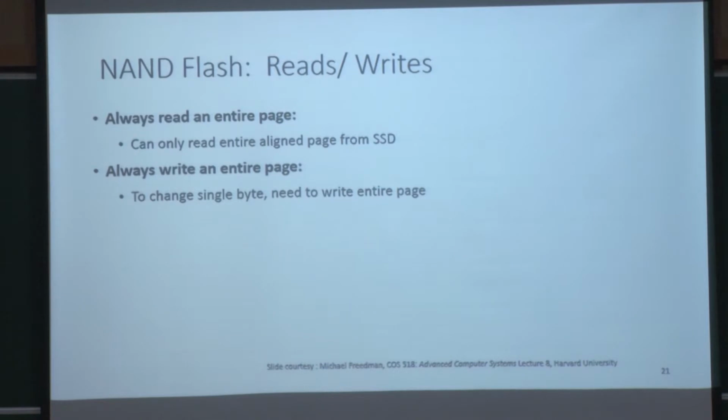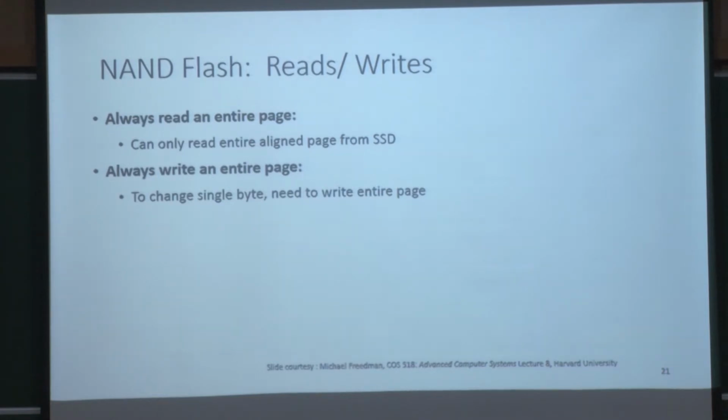The next thing that we're going to talk about arises because of the NAND Flash drawbacks that we had seen before. When you are reading from the device, you can read an entire page, or a collection of such pages. If your page is in what is known as an erased state, it has to be in an erased state before it can actually be written to, then you can write into that particular page as well.